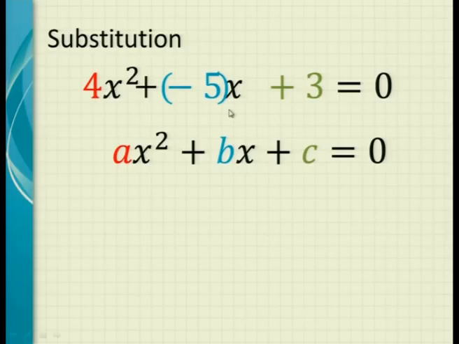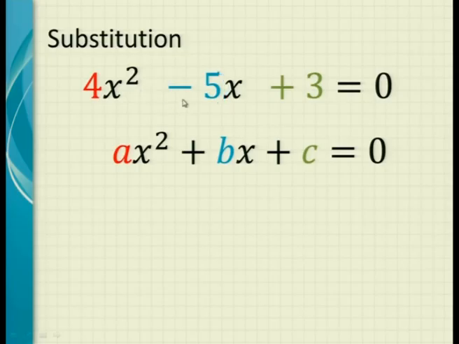Let's take a look. What's written here is actually 4x squared plus, in brackets, minus 5x, and plus, in brackets, plus 3. But because a plus sign and a plus sign gives you a plus, we normally just write the one plus. And because a plus and a minus gives you a minus, we just write the minus.